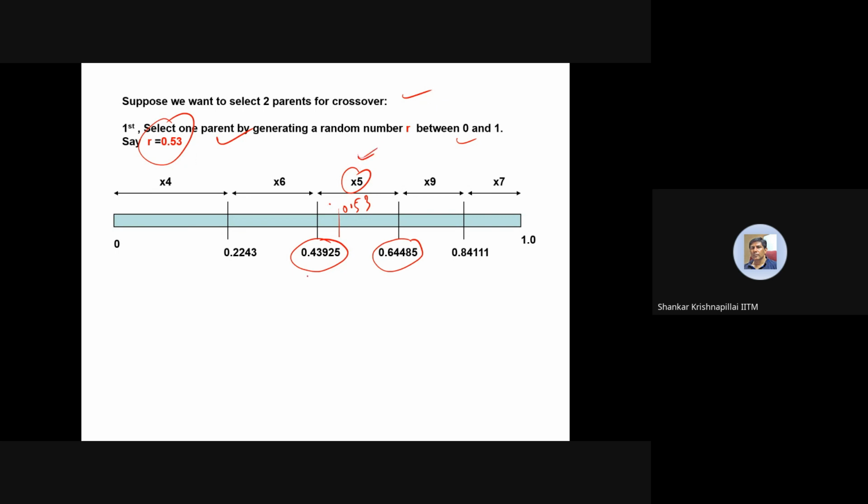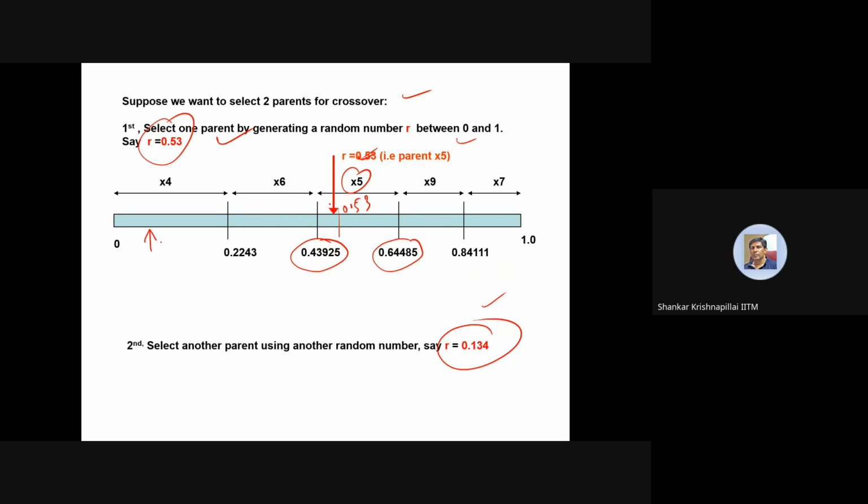So this parent is selected. Then we need to select one more parent. So generate another random number. Suppose R is 0.1343. That ball will fall in this slot, the X4 slot. So the second parent is X4.